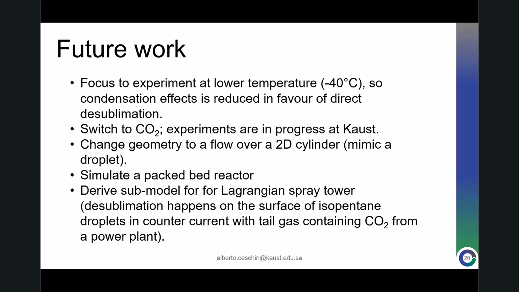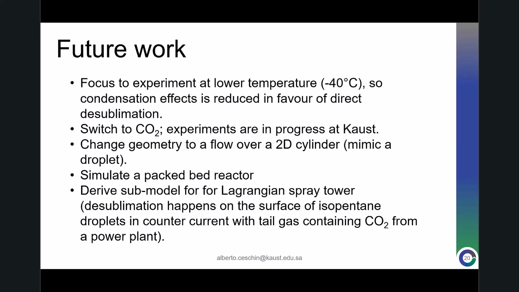And I want to move to a flow over a cylinder because the process, the cryogenic carbon capture, we have in mind, and it's working already on pilot plants, has a countercurrent spray of isopentane at very low temperature with the tail gases in order to have the carbon dioxide depositing on the surface of this droplet. So we can collect the slurry on the bottom.